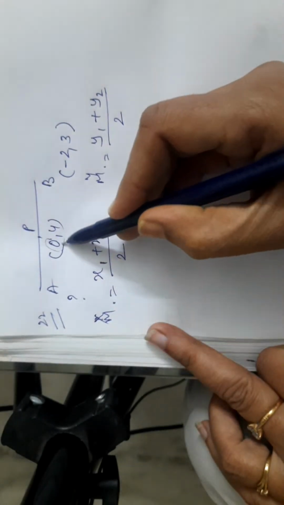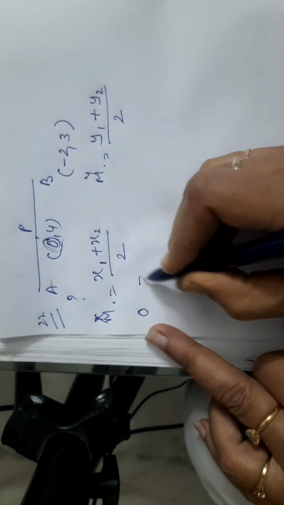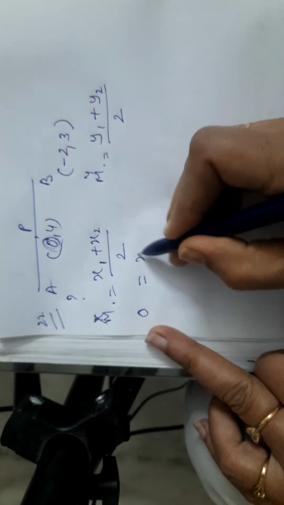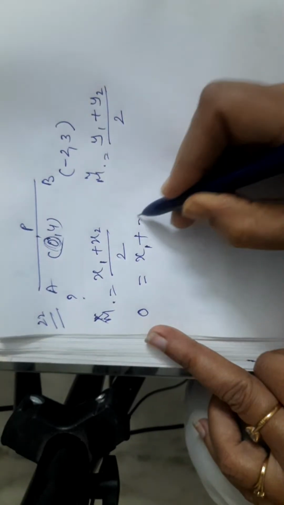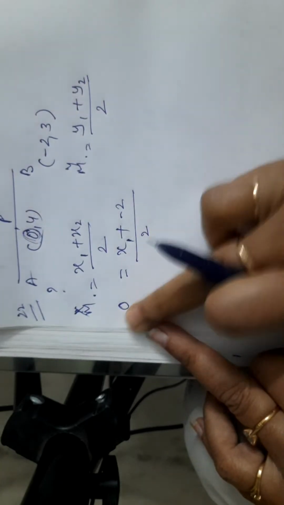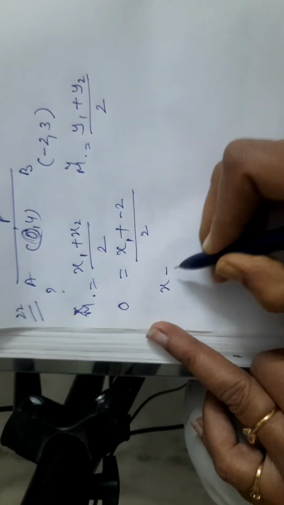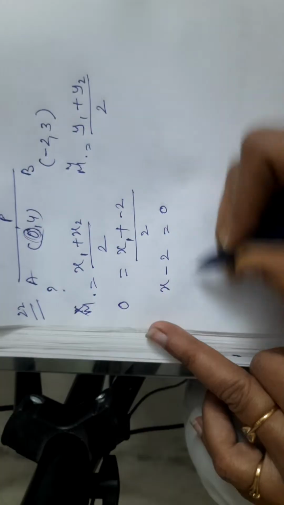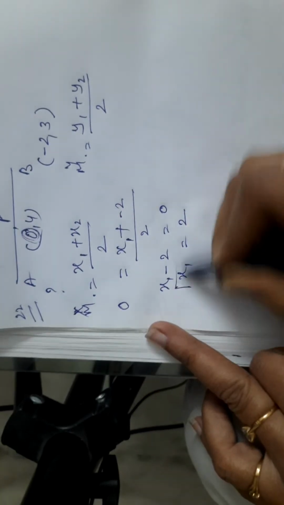The midpoint value of x is given as 0 here, so in place of m we are going to use 0. x1 is not given, let it be x. x2 is given as -2. Whole divided by 2, having cross multiplication, 2 multiplied by 0 is 0. x minus 2 is equal to 0. Therefore, x is 2. We got the value of x1 as 2.